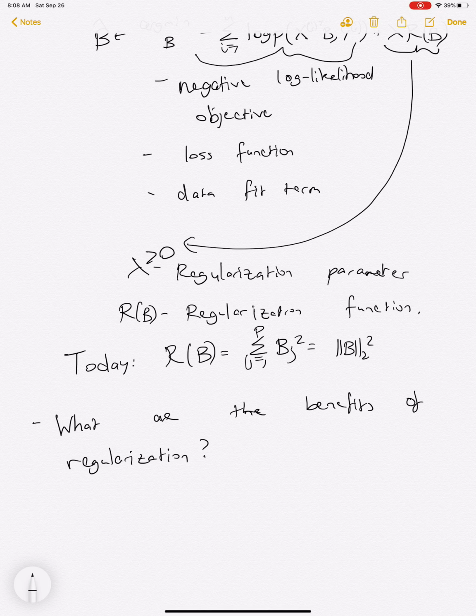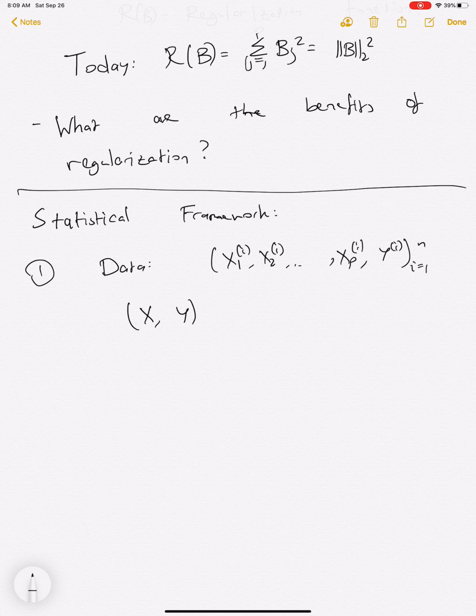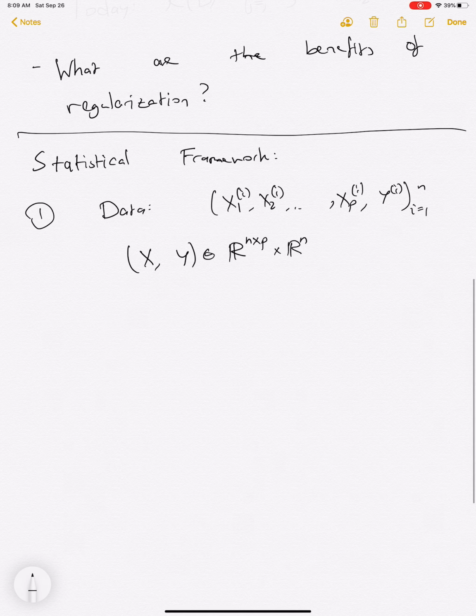We have our typical data here, and I'm going to again use this very convenient matrix vector representation. That's because, as we'll see later, we're going to use the linear model, and the matrix vector representation is going to be the easiest way to represent this.